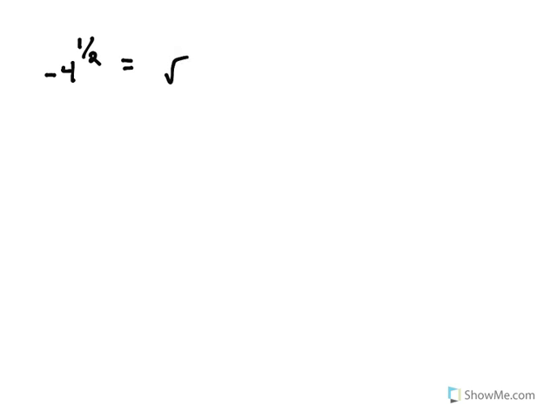We're still going to write the radicand. The question is, do I put the negative 4 under the radical, or do I put the negative outside of the radical? There's no parentheses around that negative 4, so technically that 4 is just going to be under the radical, and the negative needs to stay on the outside.